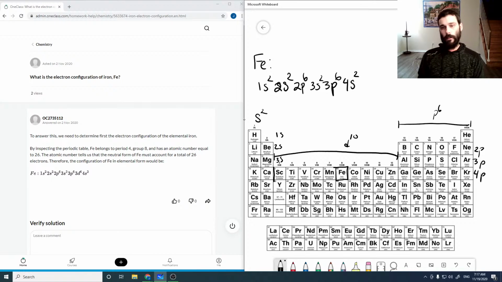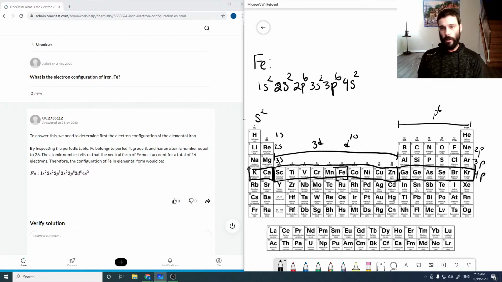Okay, and then the D block. So the D block is numbered 1 less than what it's in. So this is the 4p. This is the 4s, right? But this here is the 3d. Now it seems confusing, but I'm going to talk about a little bit why that is and how it's actually quite helpful in a second.